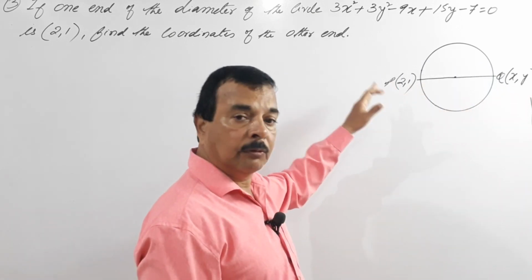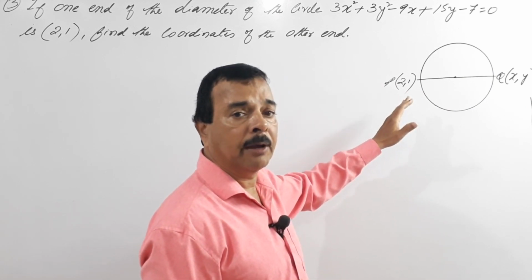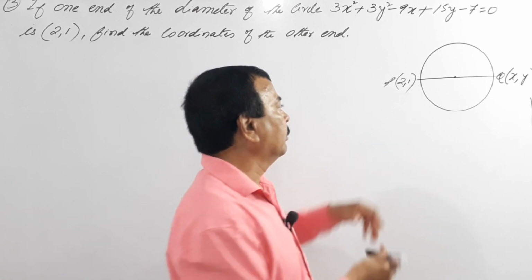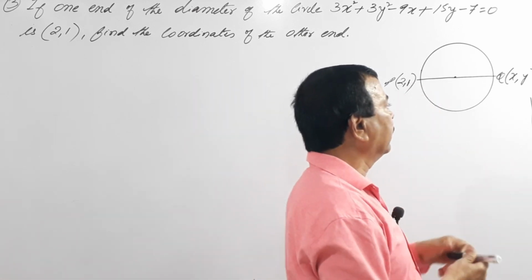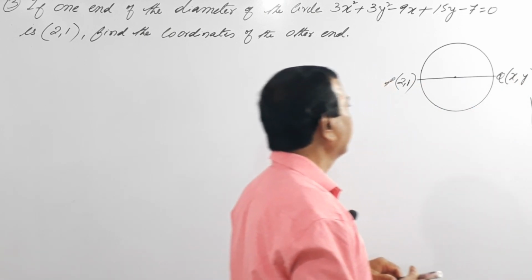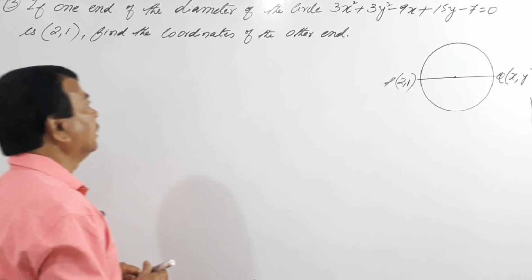The coordinates of one end of the diameter are given: P equals 2, 1, and the other end Q equals x, y. And we are given the equation.